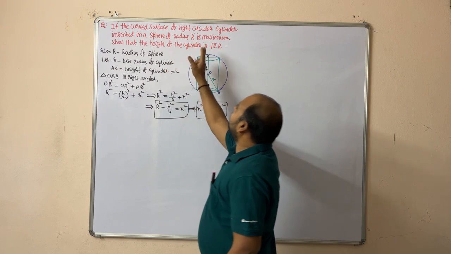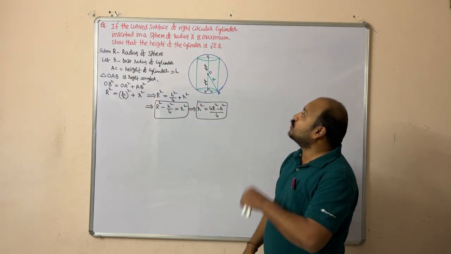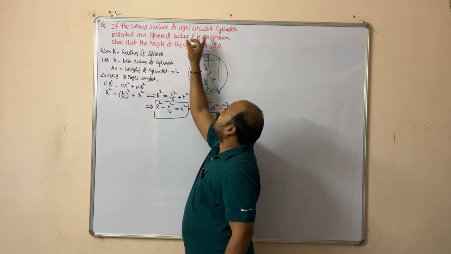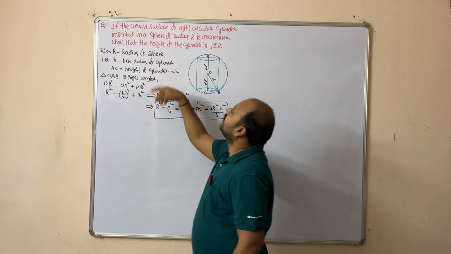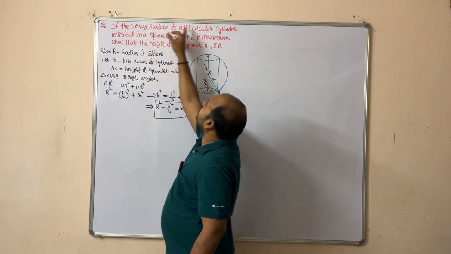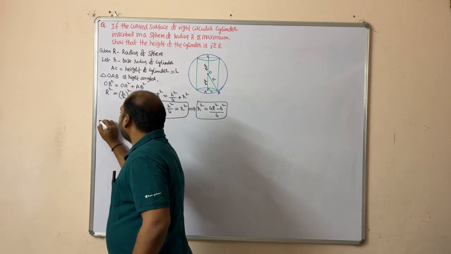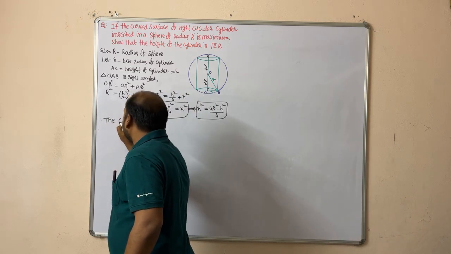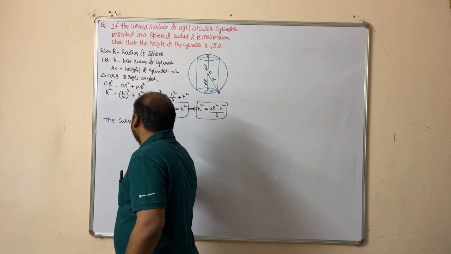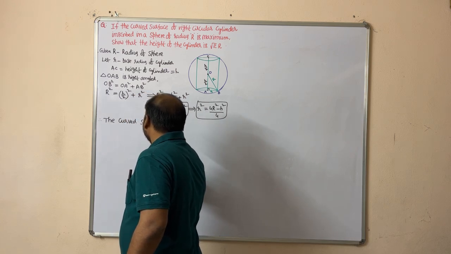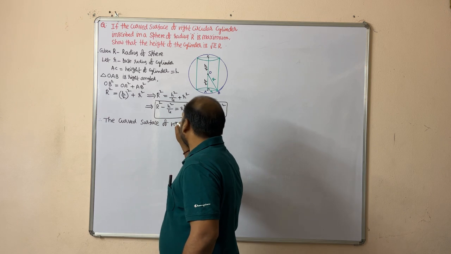show that the height of the cylinder is root 2 r when the curved surface is maximum. Which one is maximum? The curved surface of the right circular cylinder.